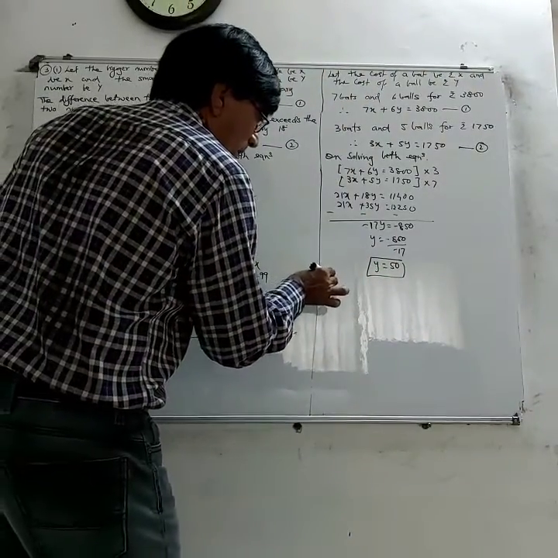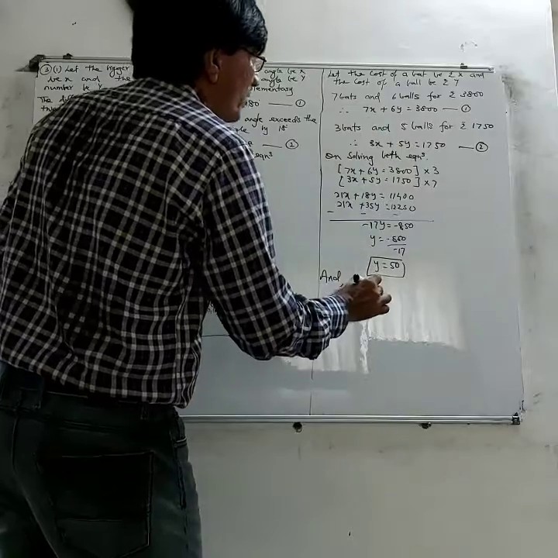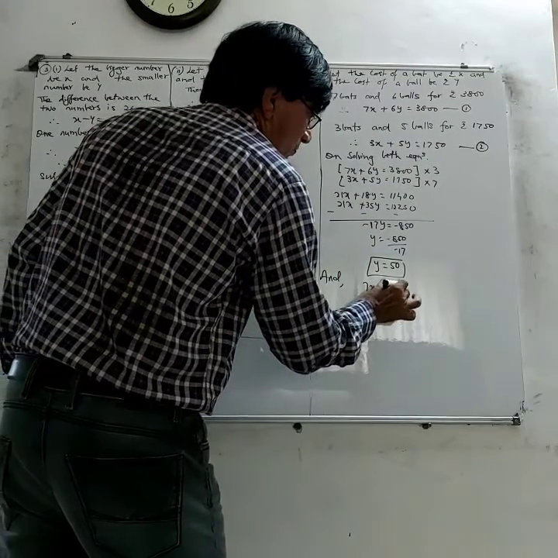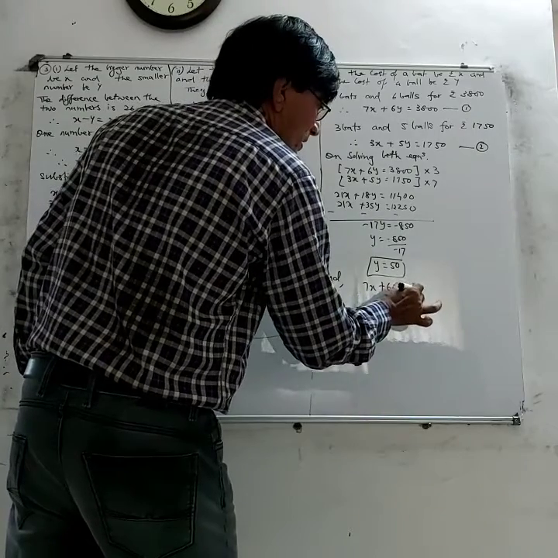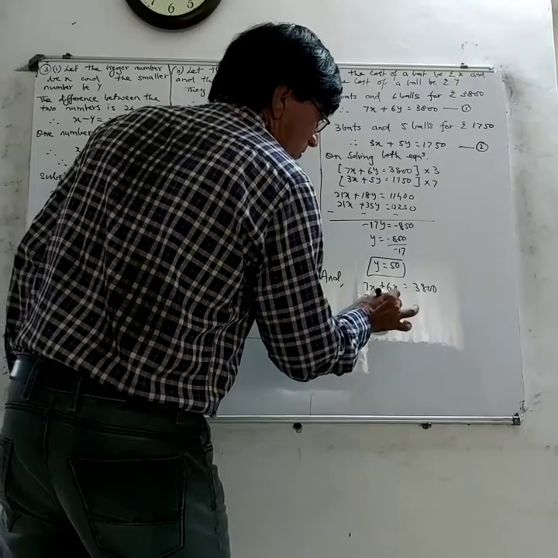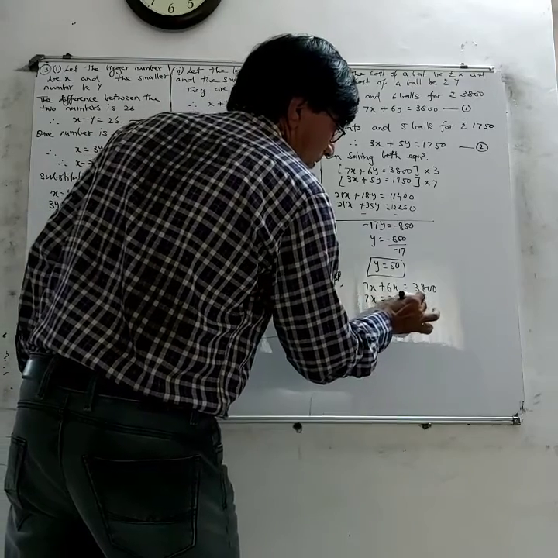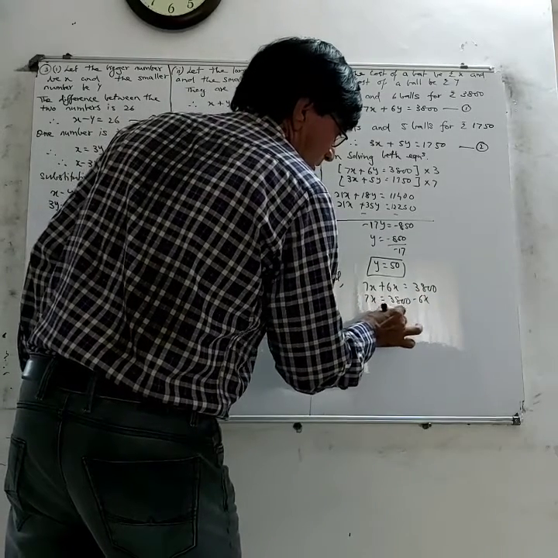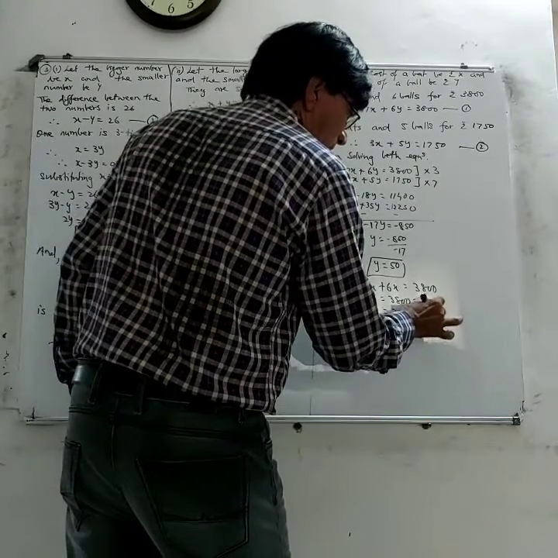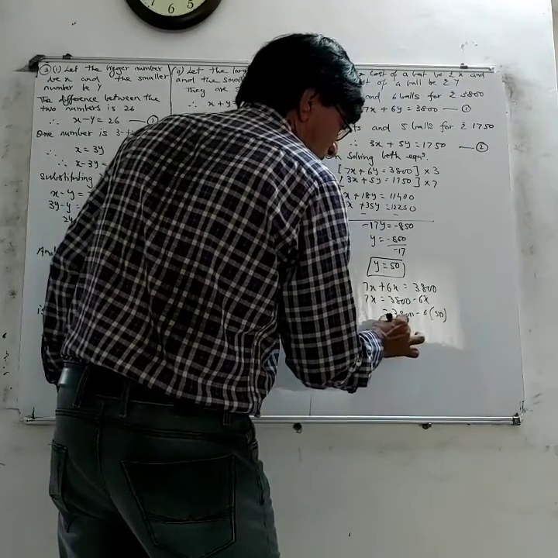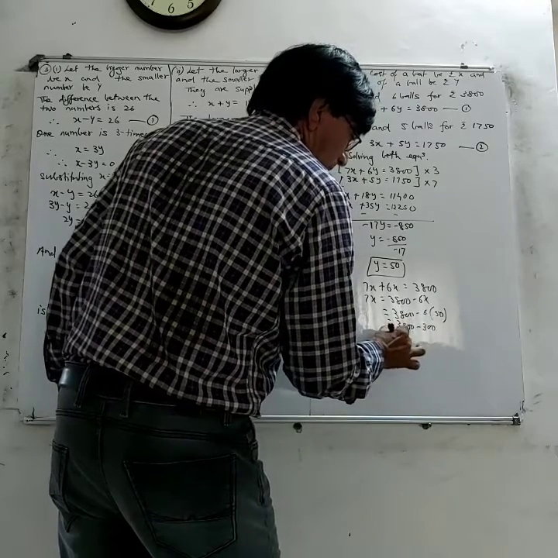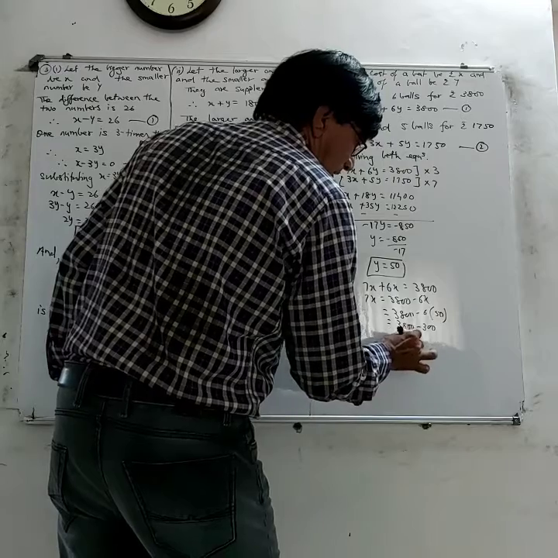And now take any one. 7x plus 6y is equal to 3800. 7x is equal to 3800 minus 6 into y, which is 50. 3800 minus 300 is 3500.